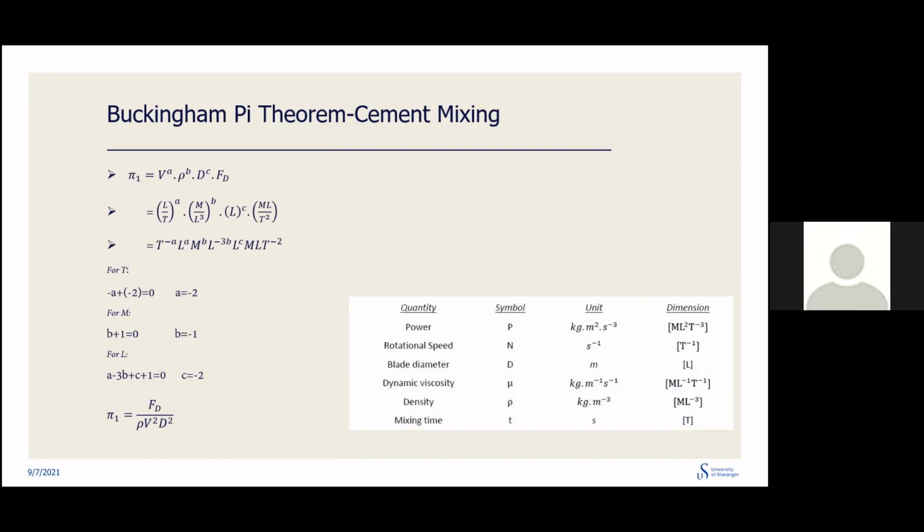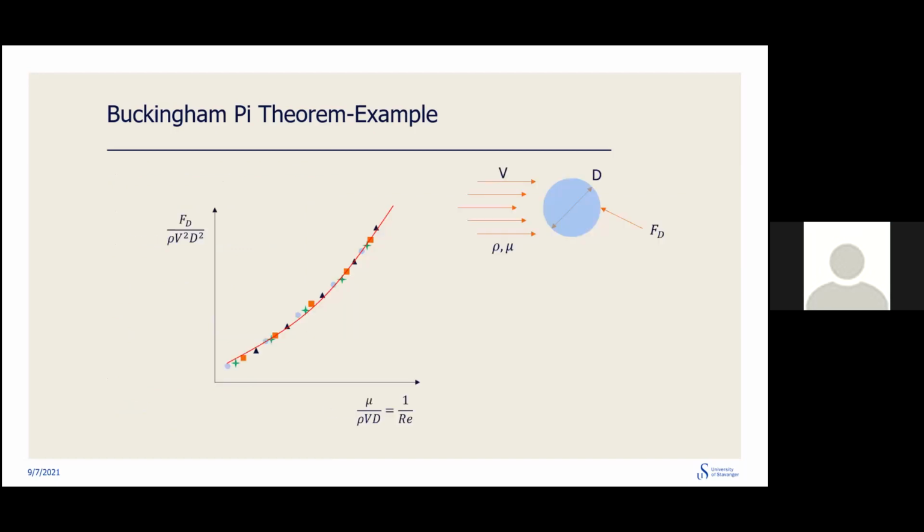Velocity is meters over seconds, length over time; rho is mass over cubic length; D is length; and drag force is mass times length over t squared. For this equation to be dimensionless, the summation of these powers should be 0, right? So we don't have any unit for the equation. By substituting this and solving the equations, we will get A, B, and C. And so the final parameter for pi1 would be this, which was this one, right?